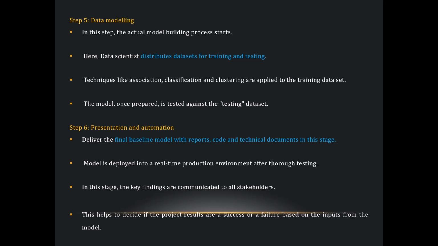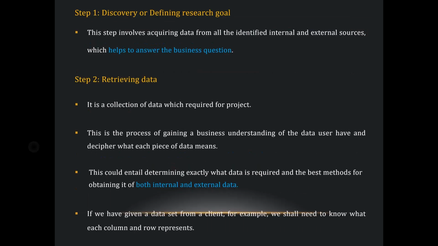In a simple way, presentation means we have done the project in such a way. Automation means I have done the software and updated it into an automation process. Finally, after completing all the documentation, we will deliver the final baseline model with report, code and technical document in this stage. So this is all about the overview process of data.